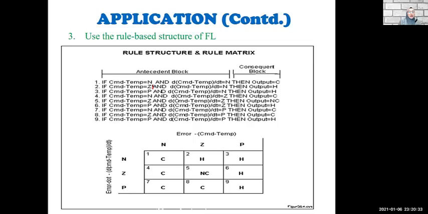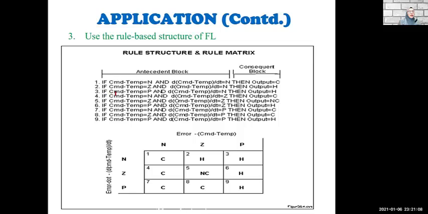So the room temperature is stable, same as the command or the requested temperature. So you get Z, 0. And this one, command minus temperature, is just 0. Divided by DT, you get an N value, negative. Then the output is H. So here DT gives a negative value, but this one is Z, so you put H. That means you want to heat.